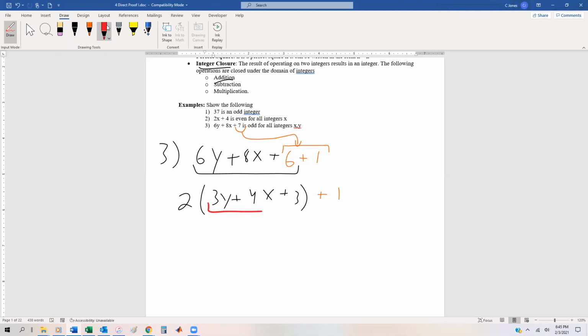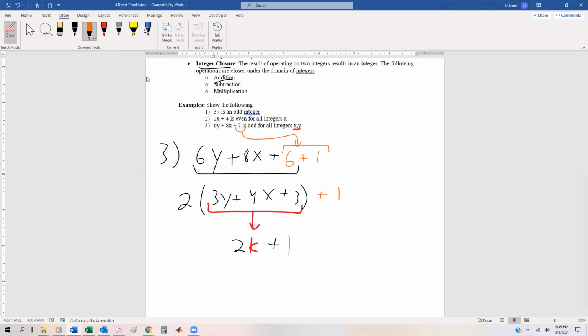Notice that we have addition and multiplication of integers. x and y are integers, we defined them as such. 3 times an integer is an integer, 4 times an integer is an integer, and 3 is an integer, and when we add integer, integer, integer, we end up with an integer. So we can just rewrite this as k, and we end up with the form 2k plus 1.